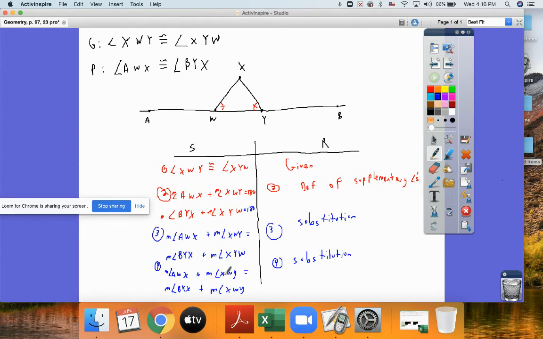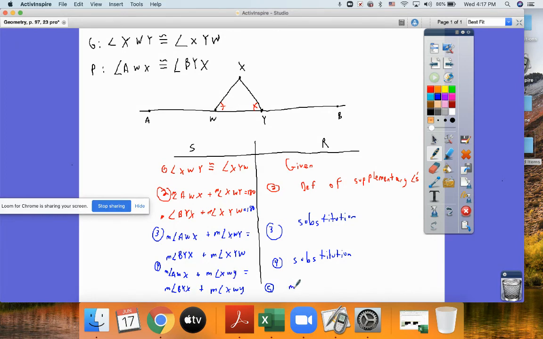All right, we're almost there. Run out of space. We're right over here to the side. Number 5. Since they're the same, can I just subtract those away? And I'm there.